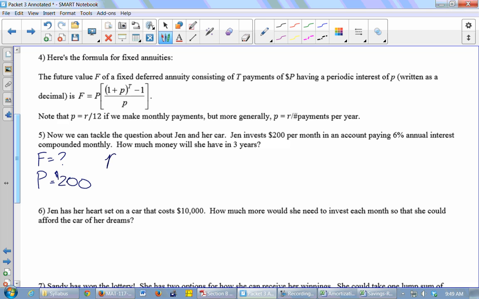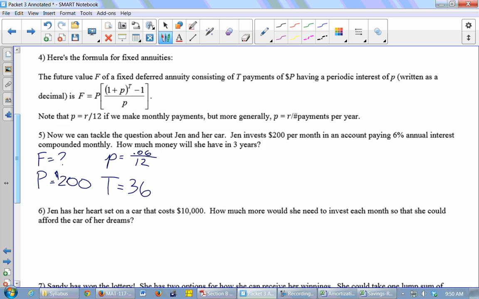Her periodic interest rate, lowercase p, is her APR of 0.06 divided by 12, because this is happening monthly. And capital T is the number of total payments. So she's putting in monthly payments for 3 years. How many payments is that? 36. 12 months times 3 years is 36 payments.